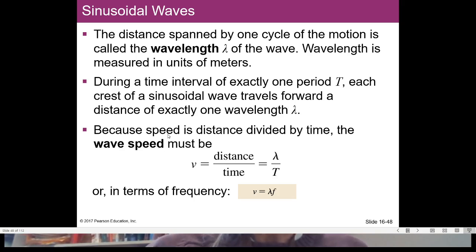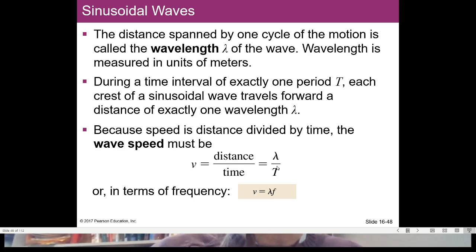But the speed, which is a constant, remember, it's a function of the medium, is the distance divided by the time. So the distance that the wave travels in that amount of time, capital T, is lambda over T. All right, so that's v, the speed of the wave: the distance that it goes in one cycle, and this is the time that it goes in one cycle. So the speed is lambda over T.